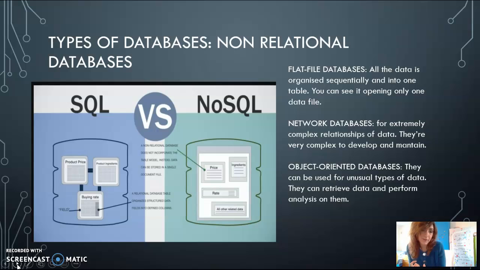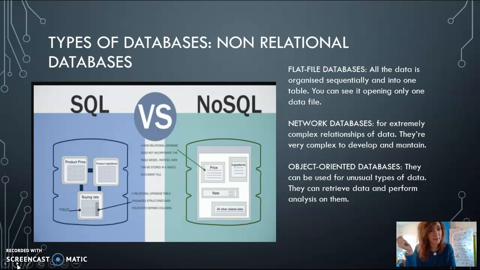Okay, so if there is a specific field, all data are structured in fields and in specific columns. Non-relational databases are, for example, flat file databases, where all the data is organized sequentially and into one table, and we can see them opening only one data file.